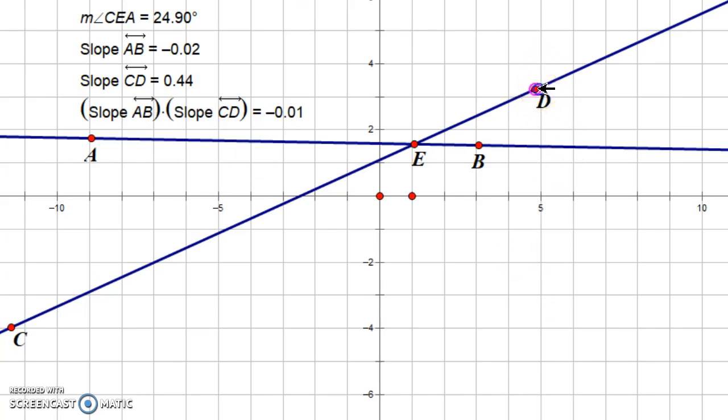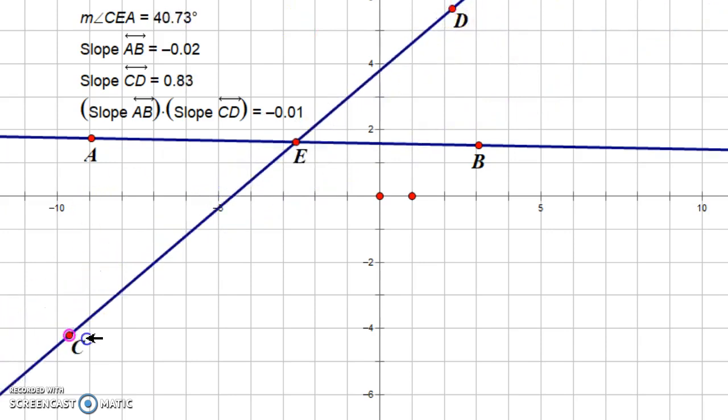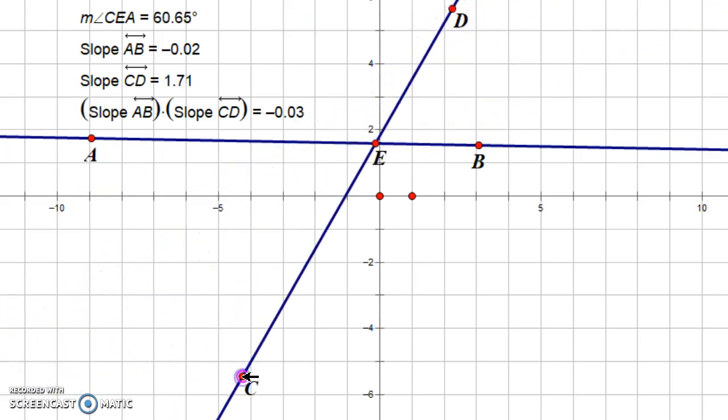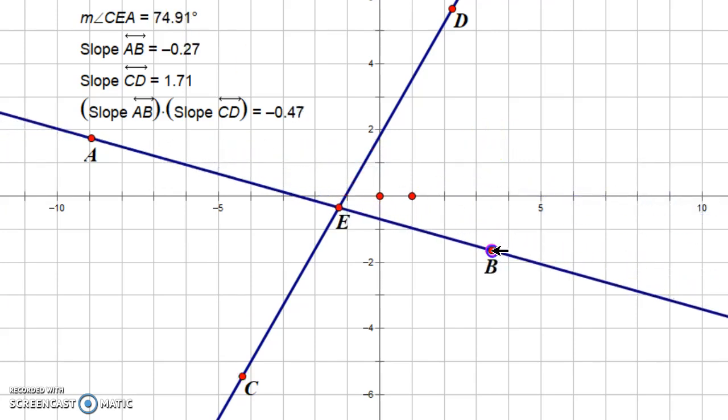Let's increase this angle measure to 60.65 degrees. To make it interesting, do we want to move the slope of A and B? Okay. The next one, I'm going to go ahead and change the slope of line AB, excuse me.